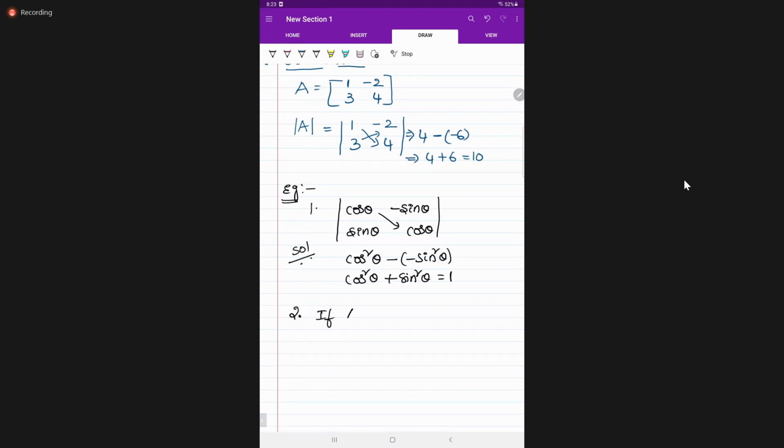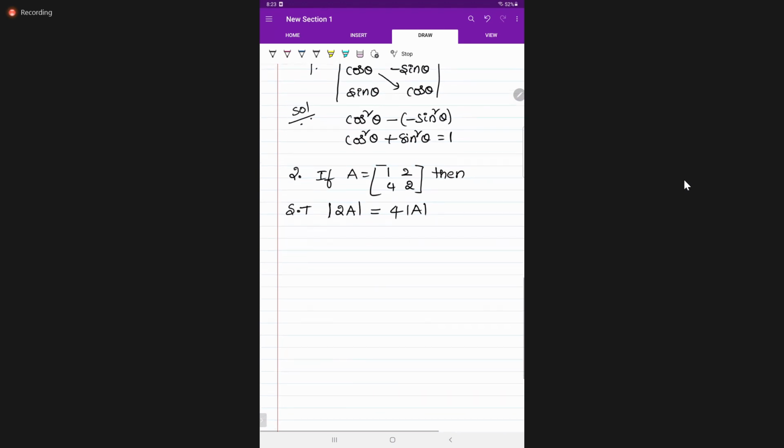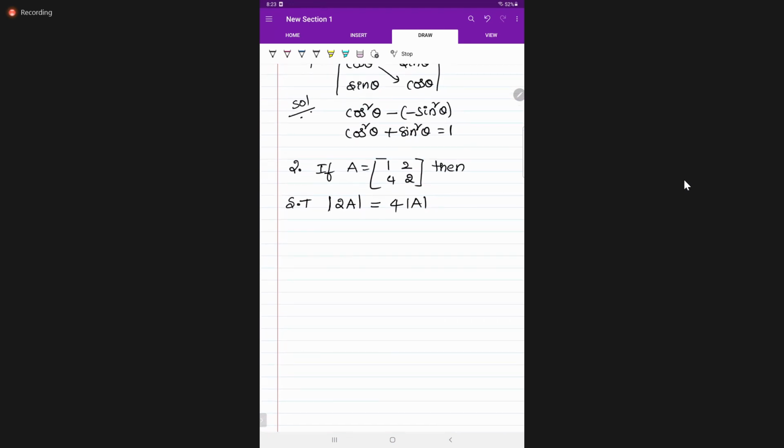Second example. Students, if A is equal to [1, 4; 2, 4]... then show that det of 2A is equal to 4 into det of A. See, listen, students.